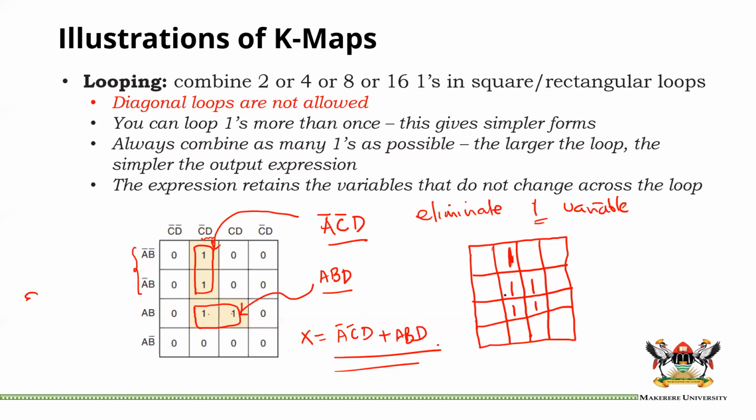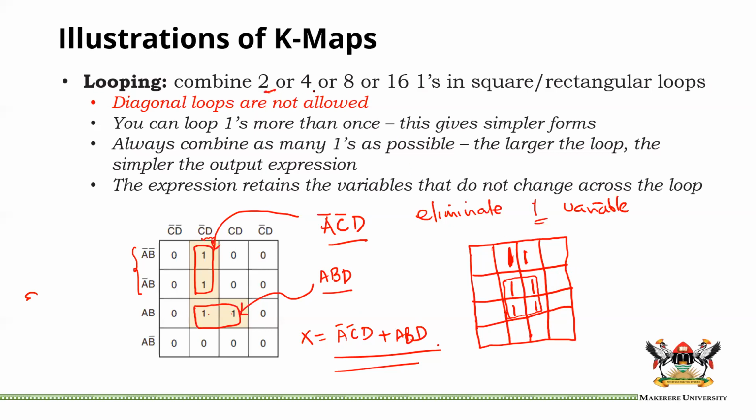We can see that you should always look for the biggest combinations first, all right? So here we have these 4. And we know these 4 will eliminate two variables, okay? Then we have this one which is left alone, but we know we can loop it with that one. So we can make another 2 variable loop, but let's assume that we had another one here, meaning that there are 6. Obviously, we could not loop all the 6 together because that would not be allowed.